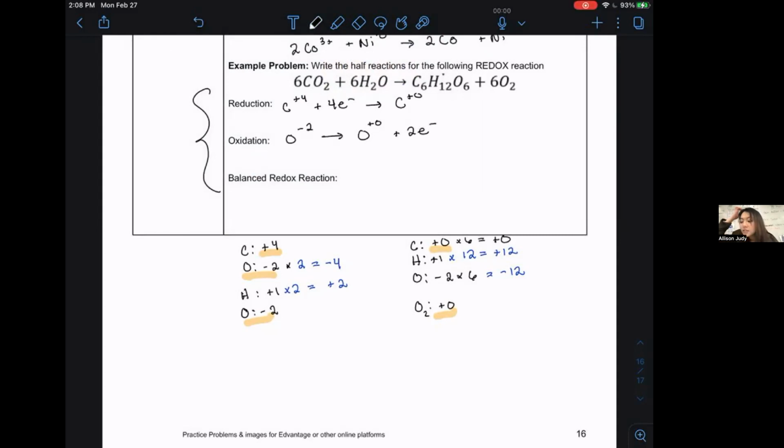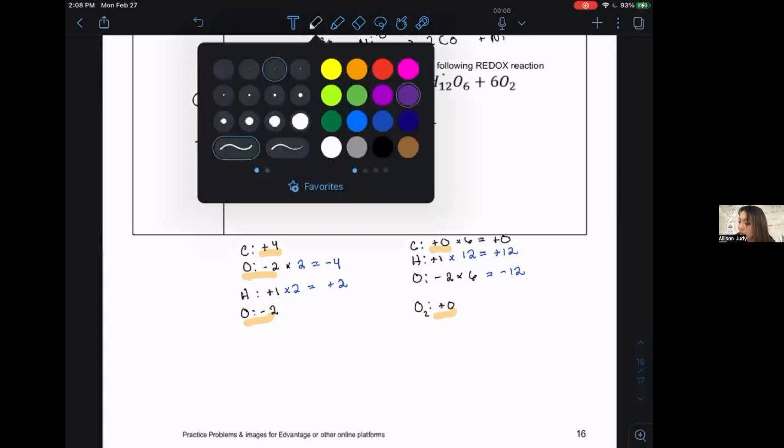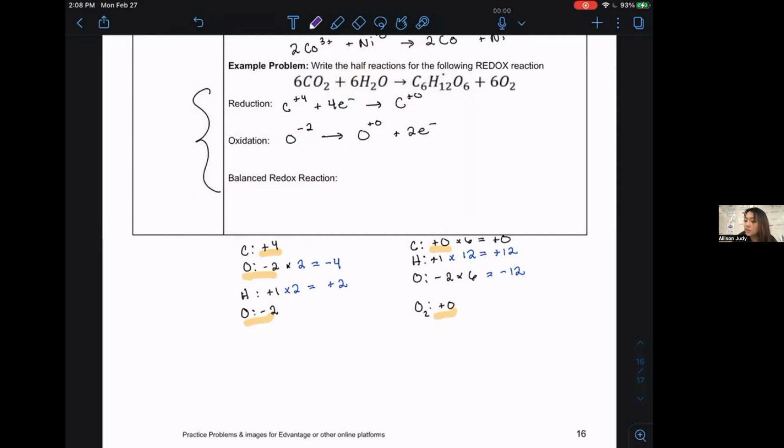Now, to write the balanced sum redox reaction, to put each half reaction into one full reaction, we need to electronically balance. Whatever electrons we gain, we must also lose.